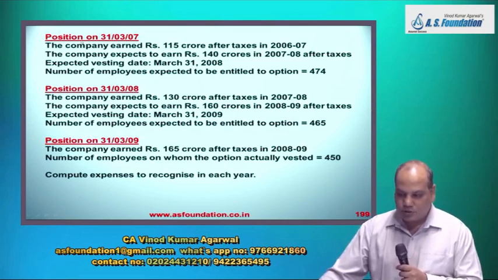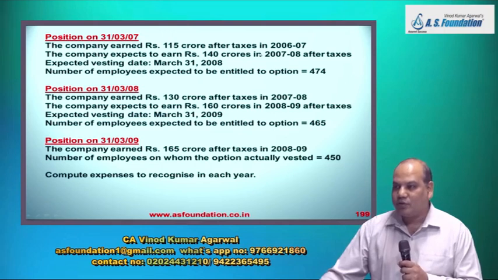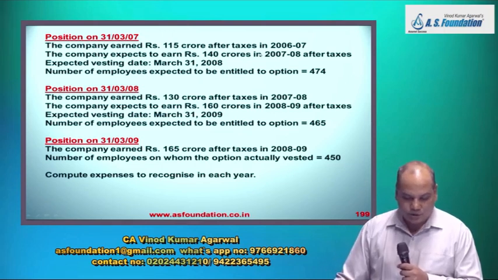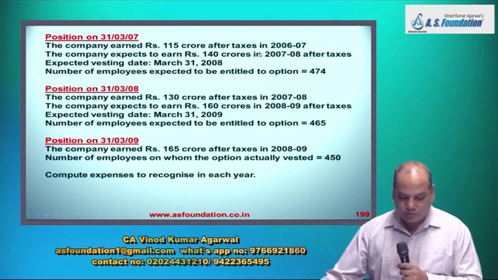Now what is the position on 31st March 2007? The company earned 115 crore after taxes in 2006-7. That means the vesting period cannot be 1 year. The target was how much? 120 crore. You have earned only 115 crore. So the vesting period cannot be 1 year.